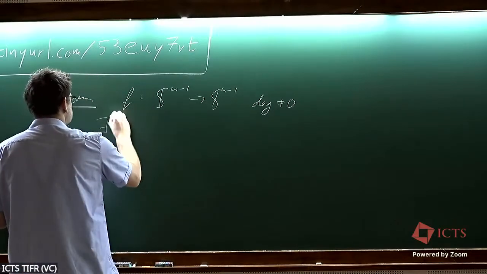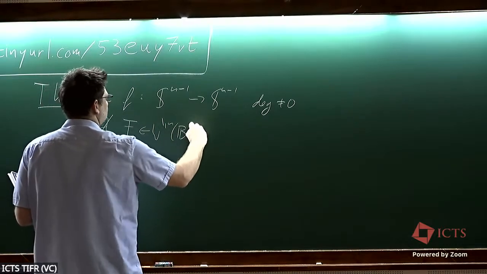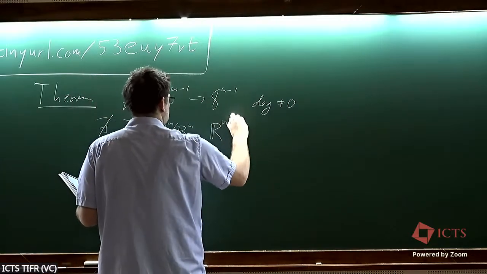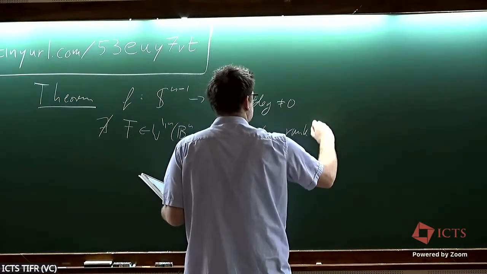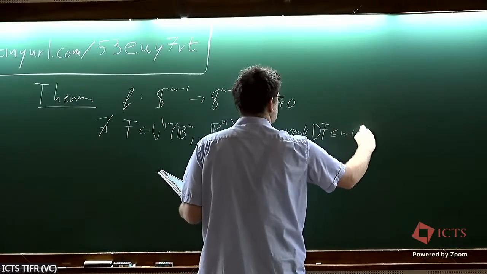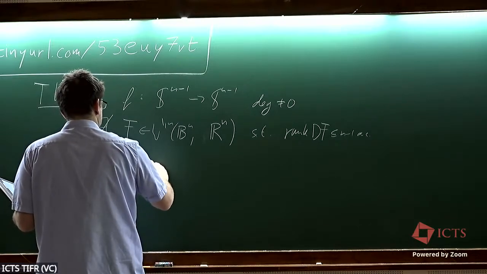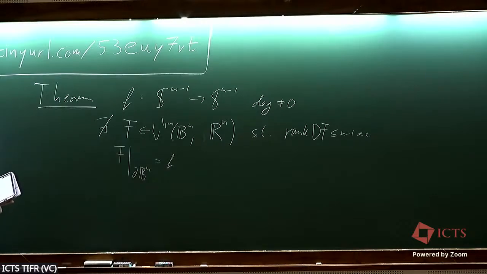Then there exists no F in W^{1,n} on the ball into the sphere, or into R^n, such that the rank of dF is less or equal than n-1 almost everywhere, and F extends little f. So that's a type of result where we need the structure of what the degree is, more than just an abstract understanding of the degree.